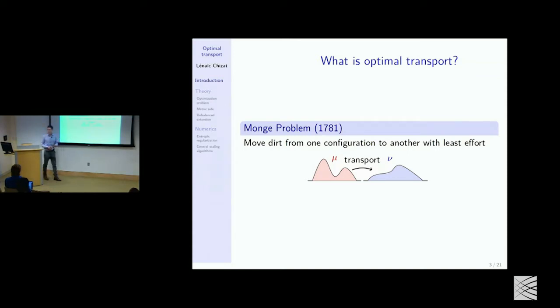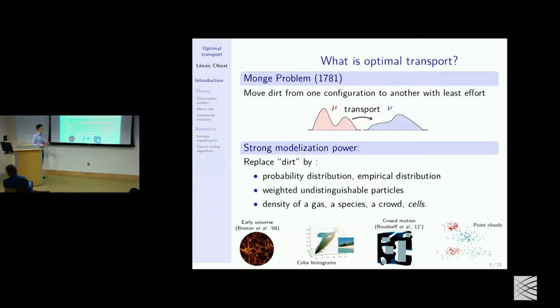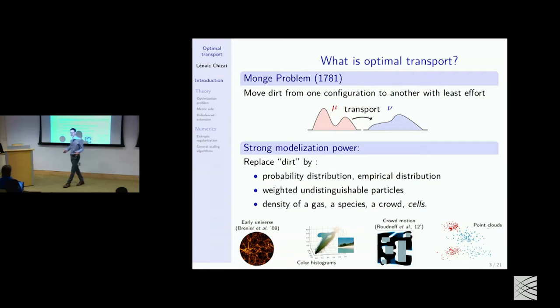So you may think, why do mathematicians, 200 years after this, still think about this problem? One of the reasons is that it has a very strong modelization power, this notion of distribution of mass. It can be used to describe probability distributions in a space. It can be used to describe a mixture of weighted particles. And actually, I won't go into all these applications, but you can think of this as images.